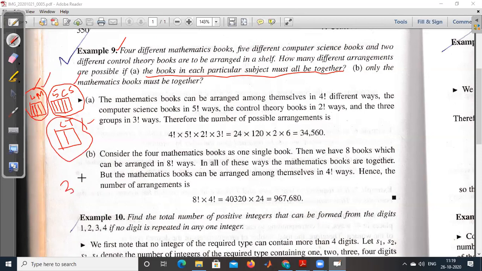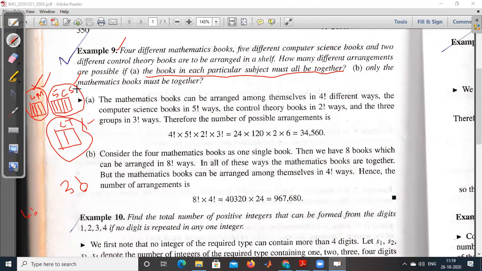So 3 groups can be arranged in 3 factorial ways. Next, in the first group, how many books are there? 4 math books. Which book has to be placed first, which second? That means how many arrangements can you make internally in the math books? 4 factorial ways.